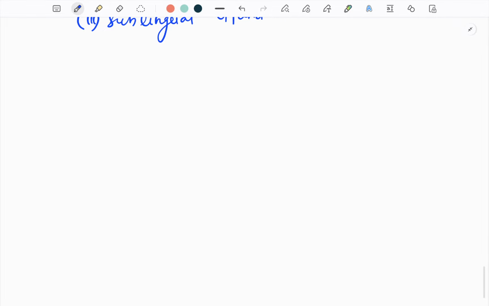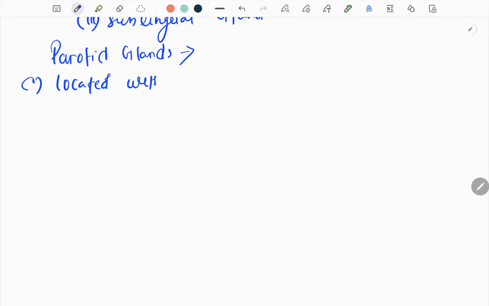First, let me tell you about parotid glands. Parotid glands are located within each of our cheeks.